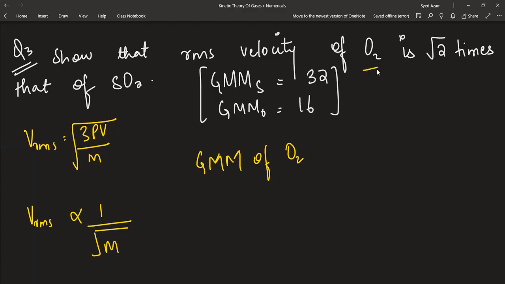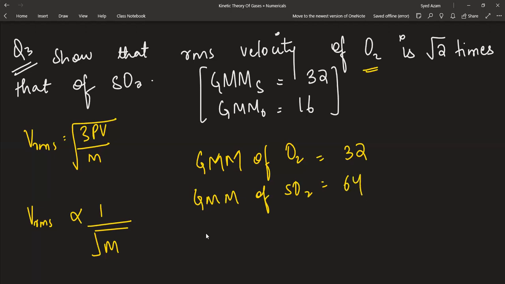For one oxygen it is 16, so it will be 32, and this you all know. 32 is for oxygen. Now coming to sulfur dioxide, SO2: 32 plus 32, 64.